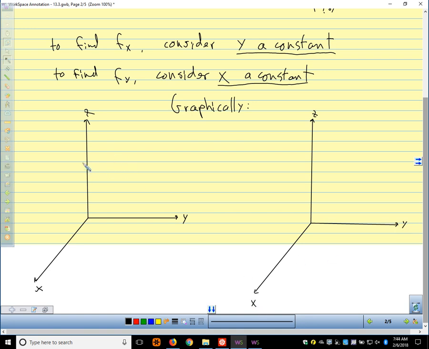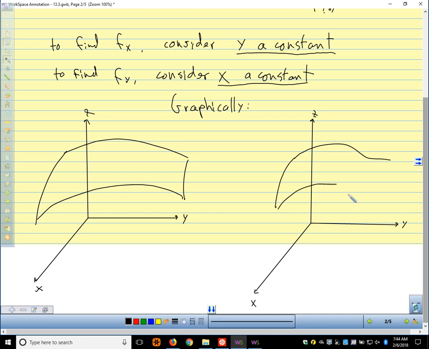And here's a surface. And here's another surface. And I'm going to draw a curve on this surface here, like so. And I'm going to make the curve kind of thick.